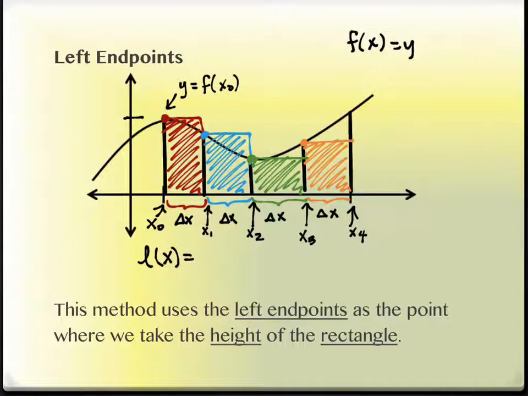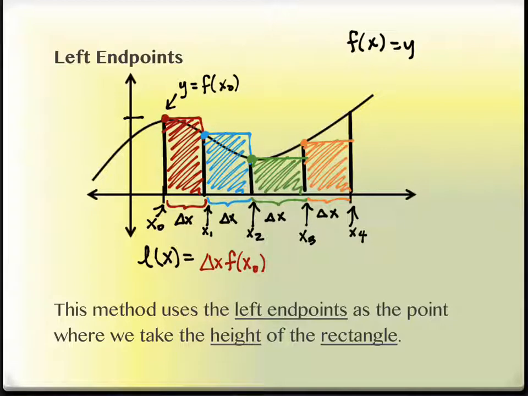Does that make sense? So this distance down here at the bottom, delta x, is being multiplied by whatever the y value of the red, blue, green, or orange dot is, because that's the height. Height is the y value in this picture. So the first one, the red one, is delta x times f of x 0. That's the first height.